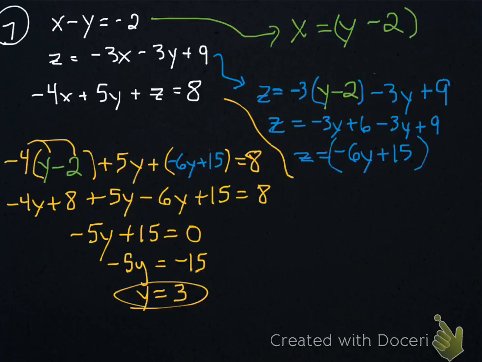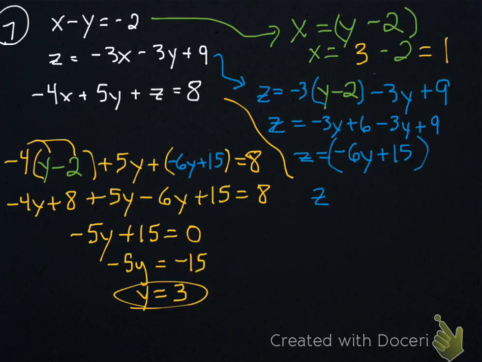Here's the cool part. I can now go back and solve the other equations. So my x is equal to whatever y was minus 2. So I'm going to plug in that 3, and we see that x is equal to 1. Now let's look at the z equation.